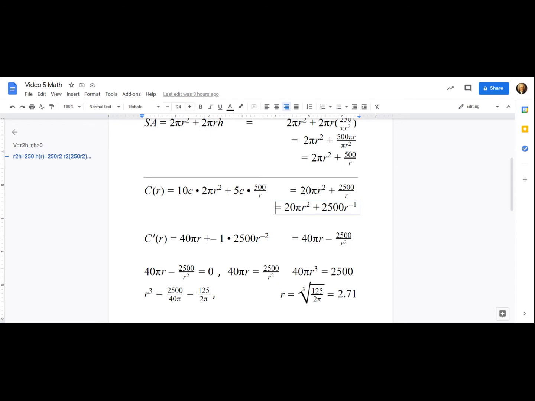So we'd have to find a critical value in this case. A critical value for a function is a value in which the derivative of the function will equal 0.